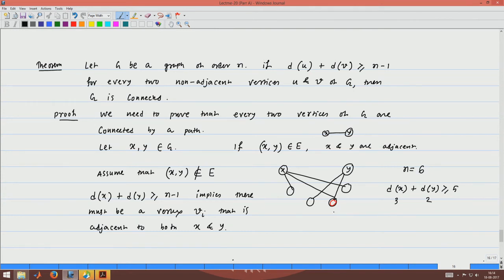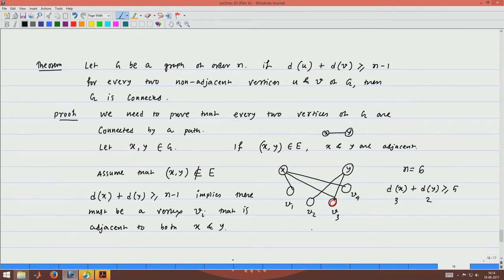Let me call them V1, V2, V3, V4. So, in this example this Vi is V3 basically, and this has to be true because the degree sum is greater than or equal to n minus 1.